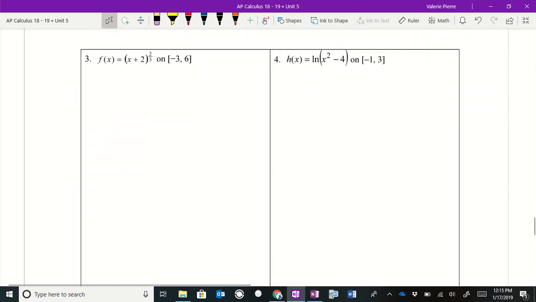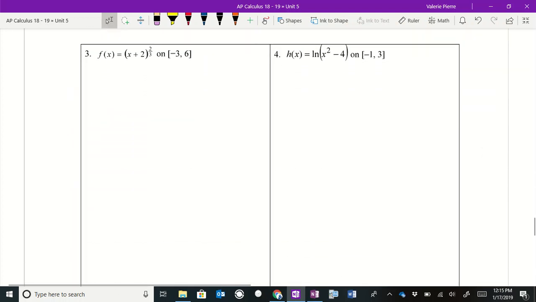Now for number 3, we have the function (x plus 2) to the 2/3 on the interval from -3 to 6.